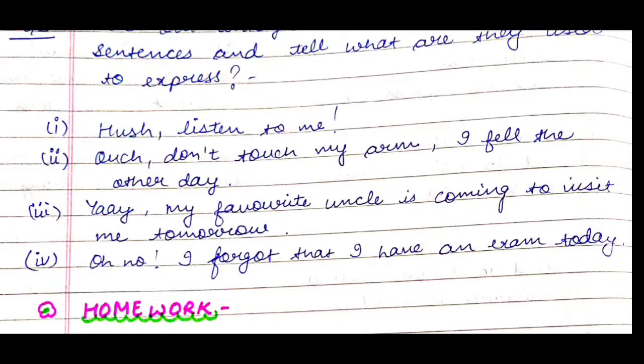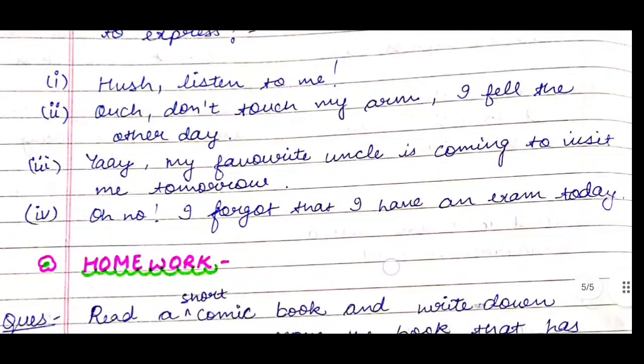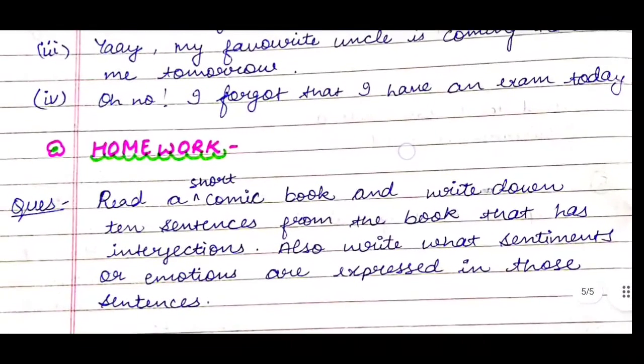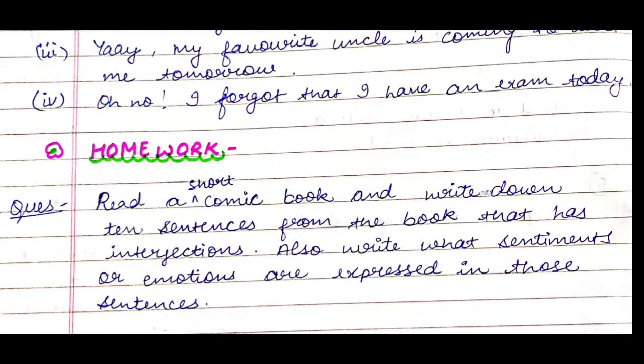So these are the recapitulation questions, and after that we'll give this homework to students. It is a very interesting, activity-based homework, and a joyful way to make students learn interjections. The question is: read a short comic book and write down 10 sentences from the book that have interjections.